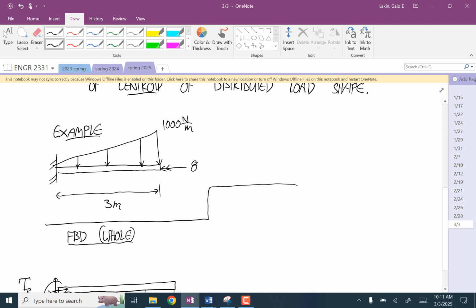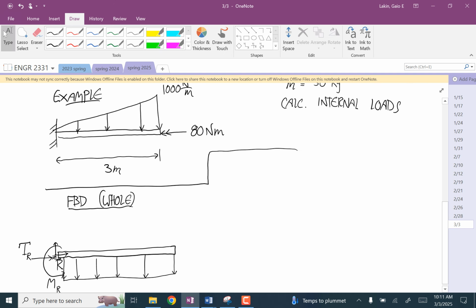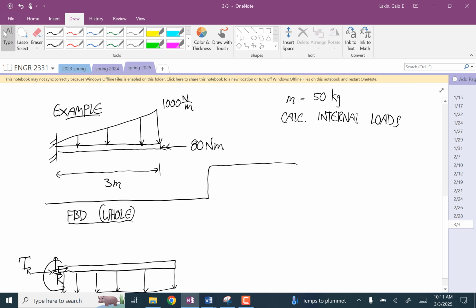What did I say that was? 80 Newton meters? Yeah. And the mass was 50 kilograms. Okay, so the distributed load from the weight, we have 490.5 as a weight spread out over 3 meters.